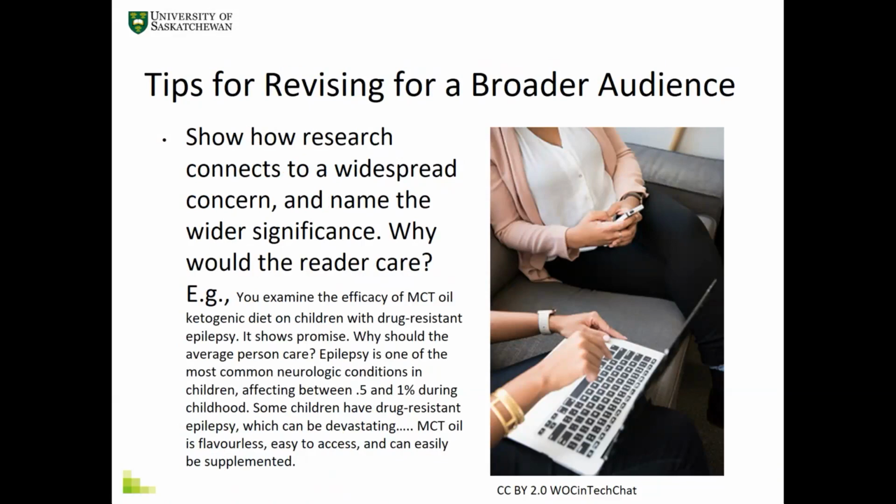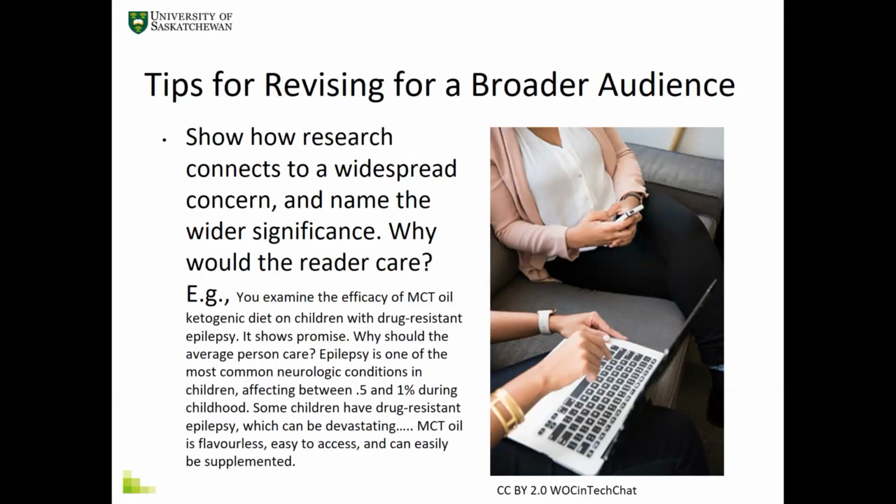So if I walked up to you on the street and said, oh, you know what, I did a literature review, and apparently MCT oil really helps children with drug-resistant epilepsy, most people would be like, okay, that's nice. So contextualizing it: it's not that they don't care about children with epilepsy, but they maybe need a little push to understand the larger topic around this.